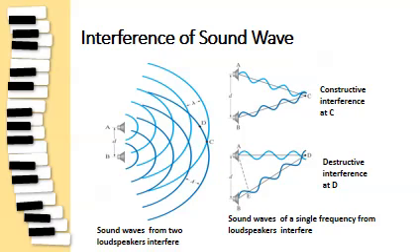But at a certain point, you're going to get destructive interference, where the sound cancels off. At point C, it will produce constructive interference. At point D, you're going to get destructive interference.